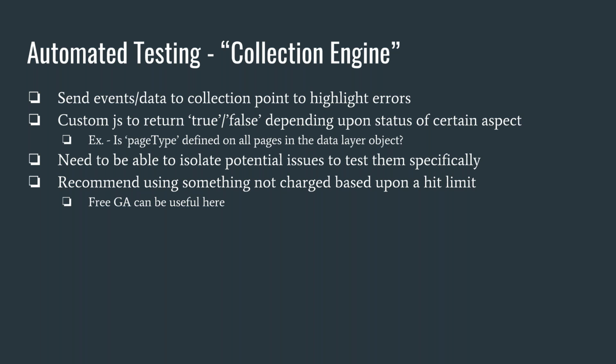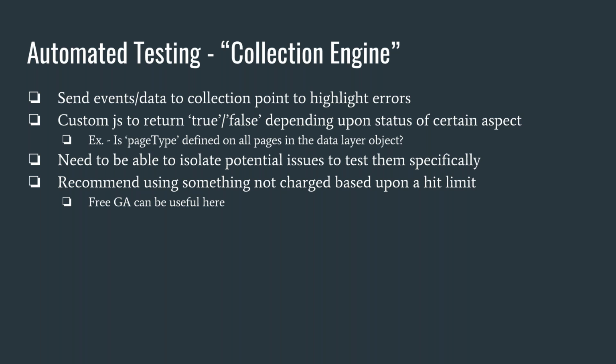How does that work? If you're using something like the free Google Analytics here, it can be useful because there are no hit limits. I mean, yes, sampling is going to factor into reporting, but we're not using this reporting for anything other than to just highlight errors. So what you would do in this particular context is create some custom JavaScript within your tag management system to return a true false value depending upon the status of a certain aspect.